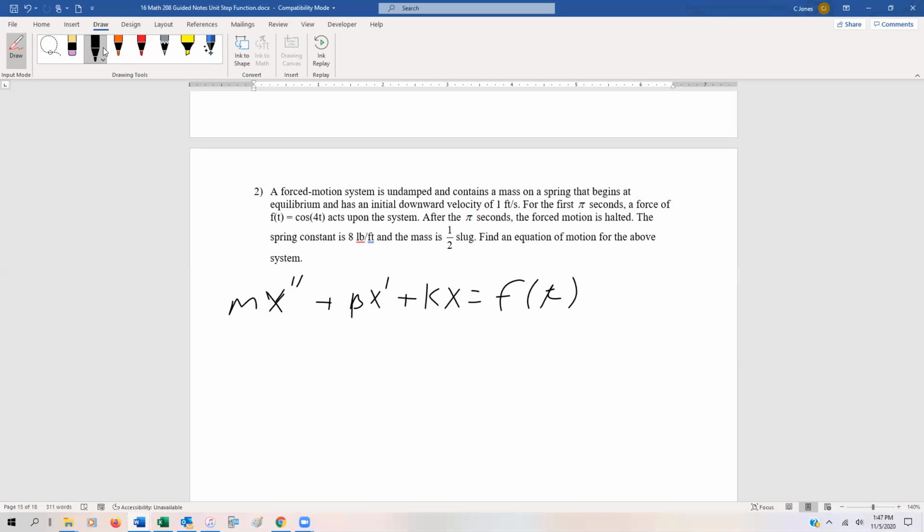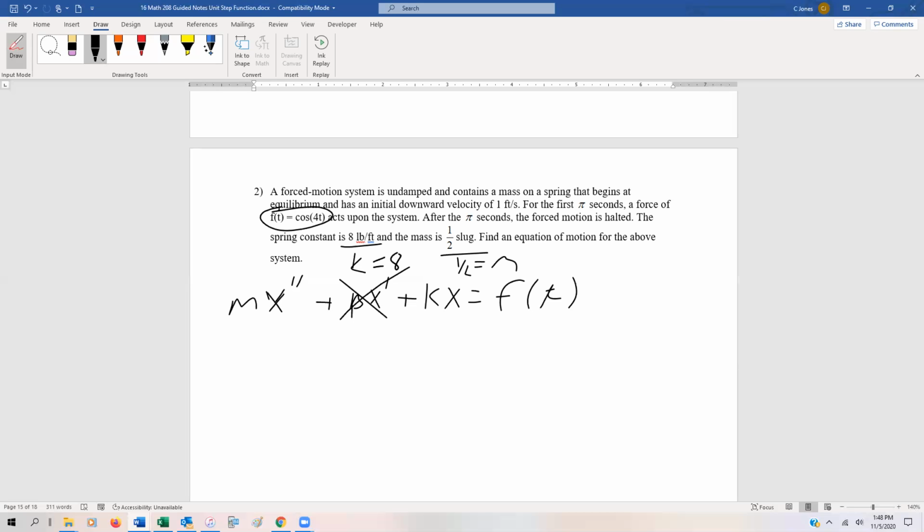So in this problem, it doesn't say anything about the instantaneous velocity. All right, so right away we can kind of get rid of this component of it. It should be obvious that f of t is going to be equal to cos 4t, or some derivation of that. We know that the spring constant k is 8. We know that the mass of the slug is 1/2. So this is m, and then k is equal to 8.